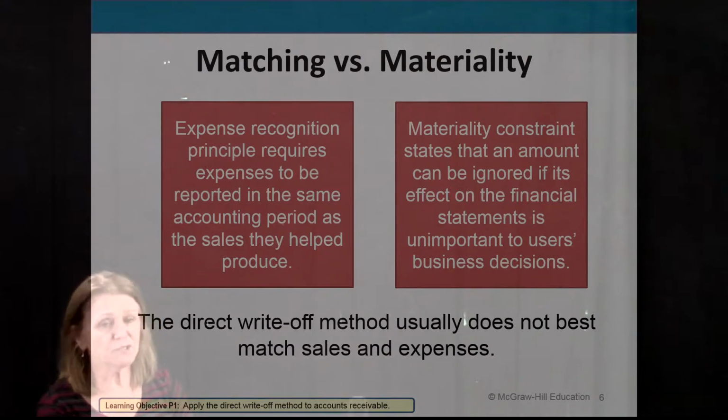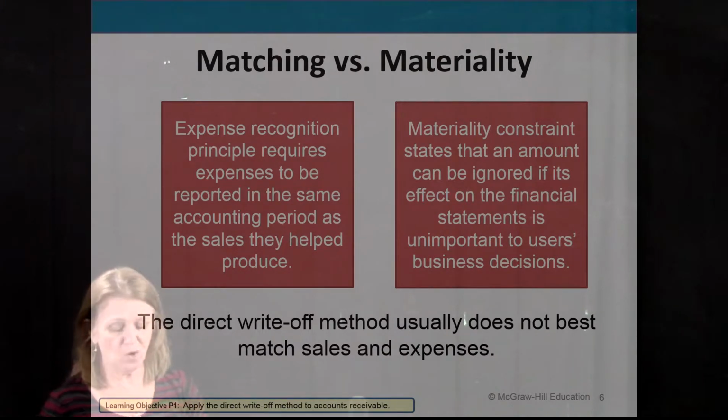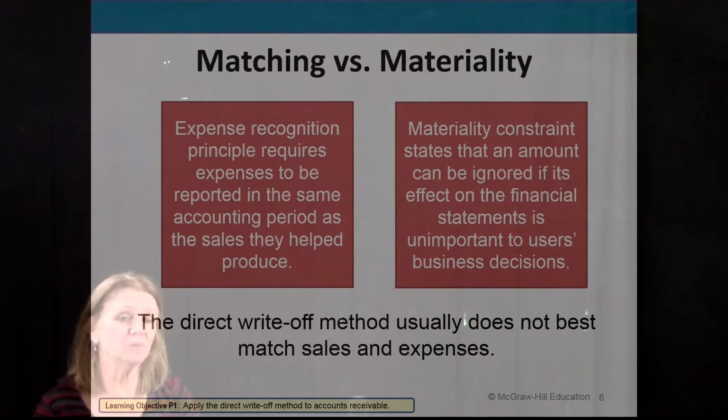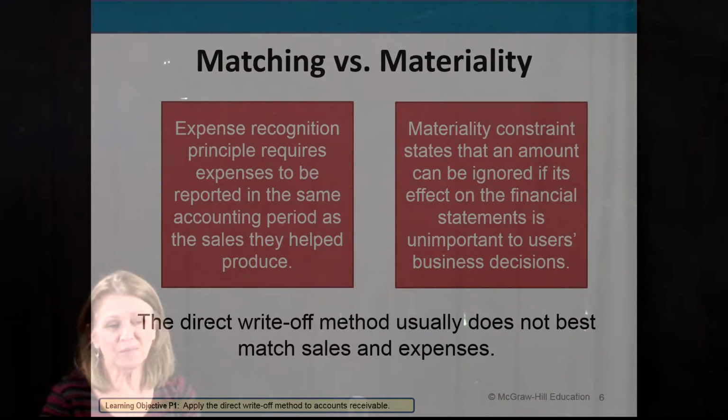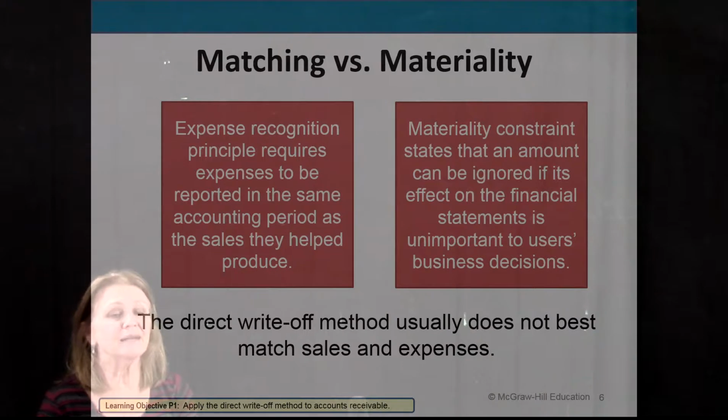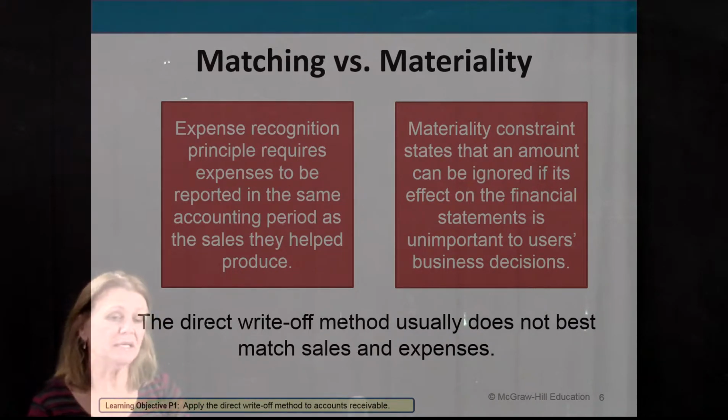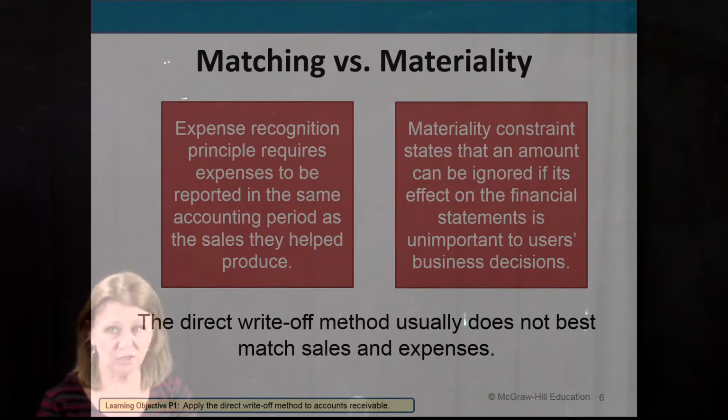So matching versus materiality, we know that's the whole reason between cash and accrual basis. The expense recognition principle requires expenses to be reported in the same accounting period as the sales they produce, and the materiality constraint states that an amount can be ignored if its effect on the financial statements is unimportant to users' business decisions.